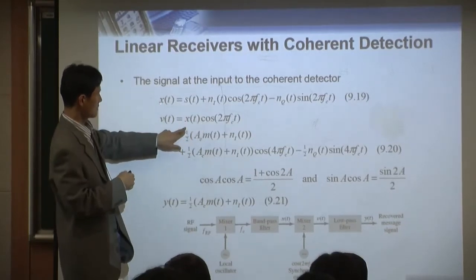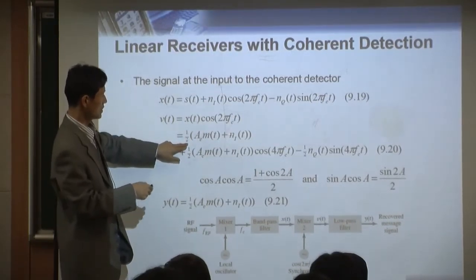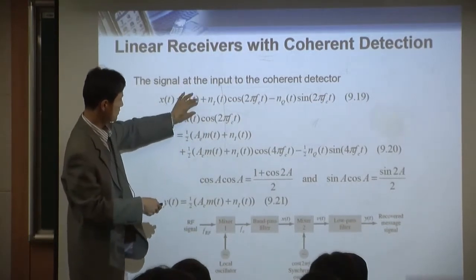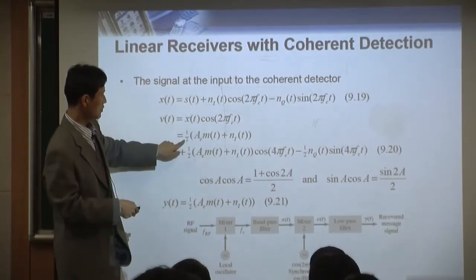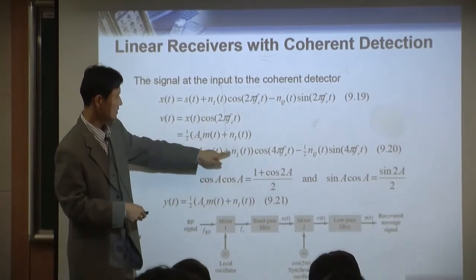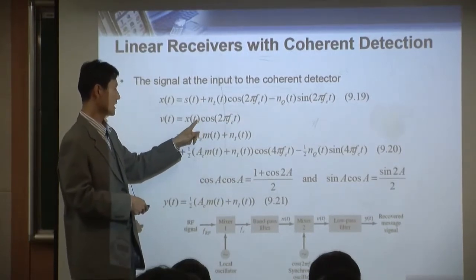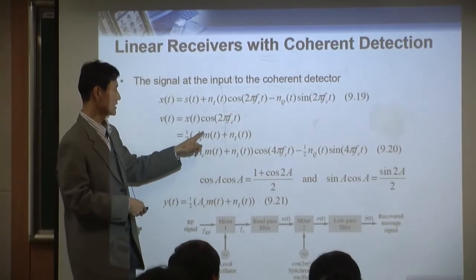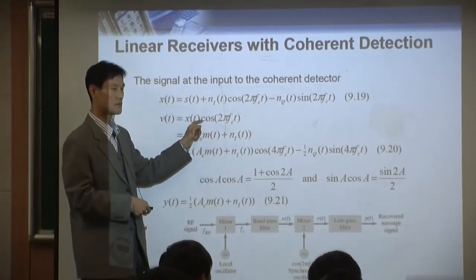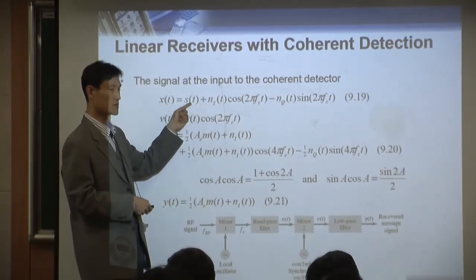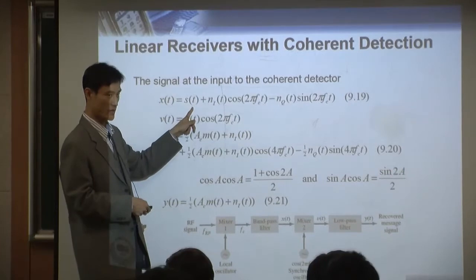Then we know that s(t) was A_c m(t) cosine. So when you multiply by cosine again, that's going to be A_c m(t) cosine squared.